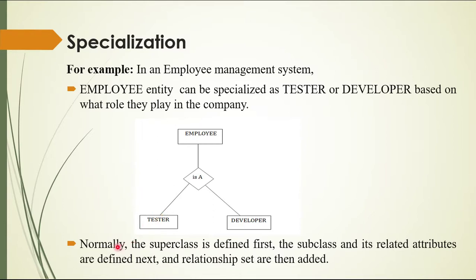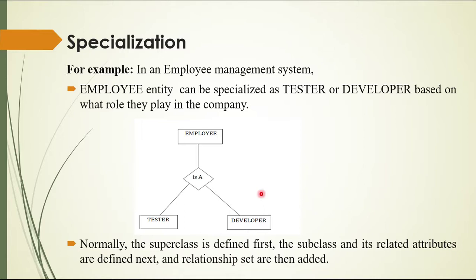Now normally the superclass is defined first. So employee is known as a superclass, and this superclass is further divided into two parts, that is tester and developer. So tester and developers are the subclasses. Clear? So superclass is defined first. Every person working in the company is an employee. After that they are categorized into different parts according to their job or according to their working area.